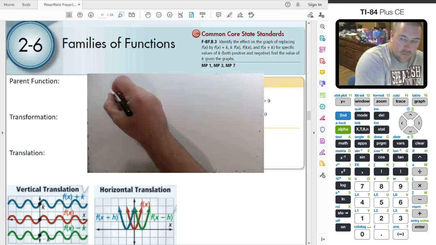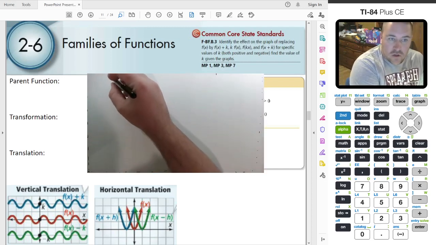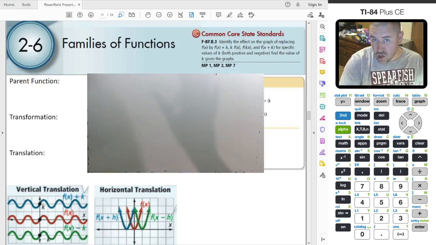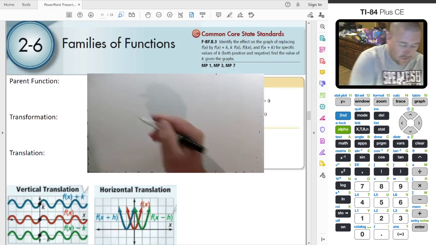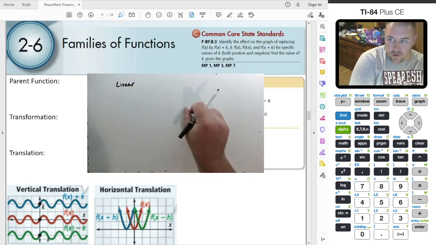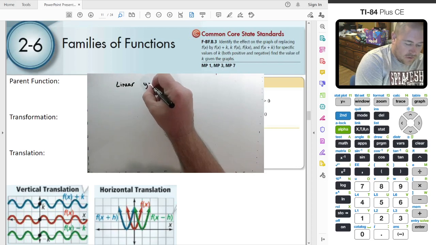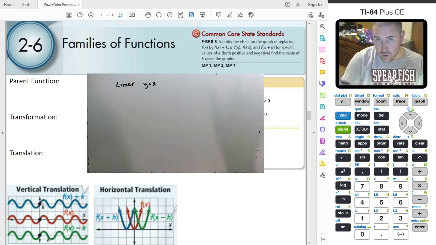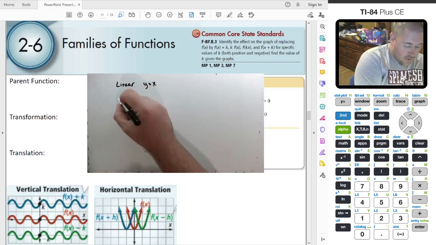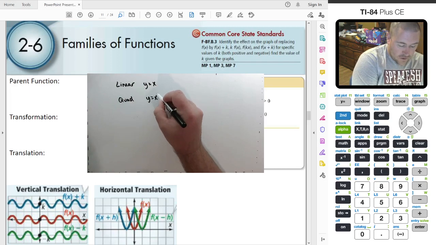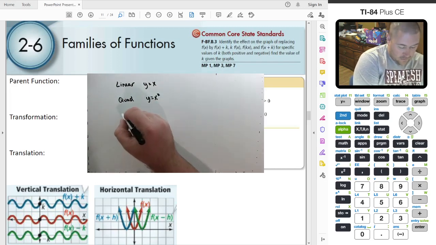We have parent functions. Parent functions are the easiest a function can get. So here's what I mean. You know about linear functions. Well, the easiest it can get is y equals x. That is the bare bones. You know about quadratics, y equals x squared. You know about square root.